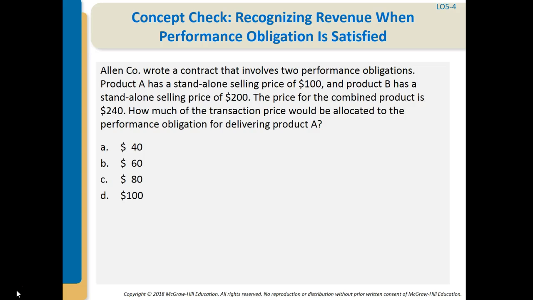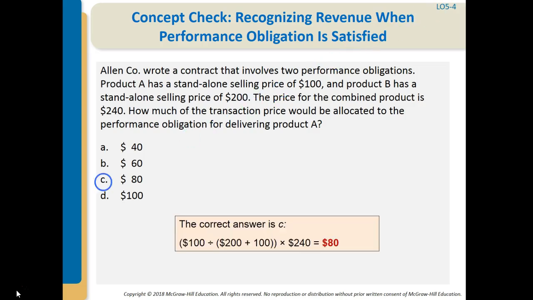How much of the transaction price would be allocated to the performance obligation for delivering product A? So what we'd need to do here is to look at the $100 divided by 200 plus 100, or 300, times the 240, which means we would recognize $80 for performance obligation A, product A.